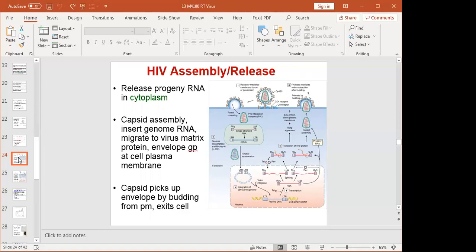Then envelope proteins are made and glycosylated, and those envelope glycoproteins will be inserted into a specific region of the plasma membrane. Since it's modified by the virus, we call it virus-modified host cell plasma membrane. Once the virus is exiting from the host cell, it picks up a piece of the host cell plasma membrane as its envelope, and the release is by budding.